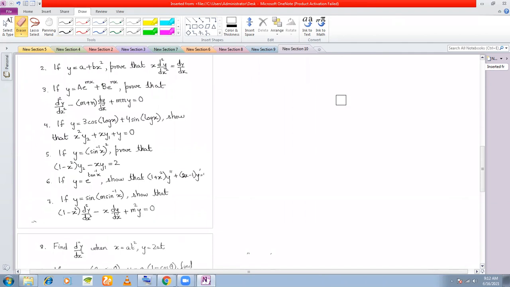Now, next one is this technique you must be good at. Given here, y is equal to, in successive differentiation, you will require this technique a lot. A cos log x plus 4 sin log x.